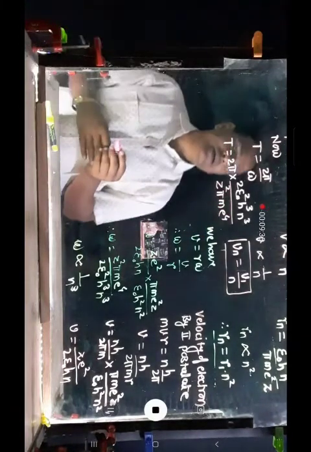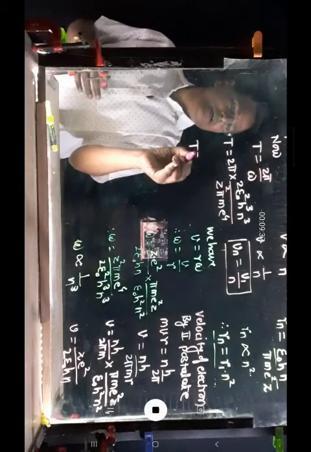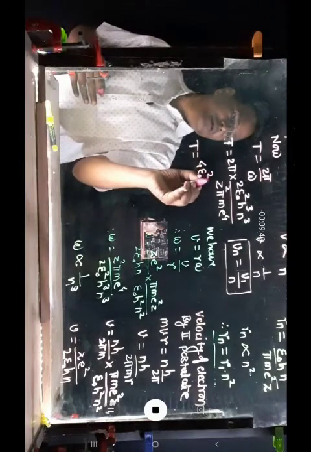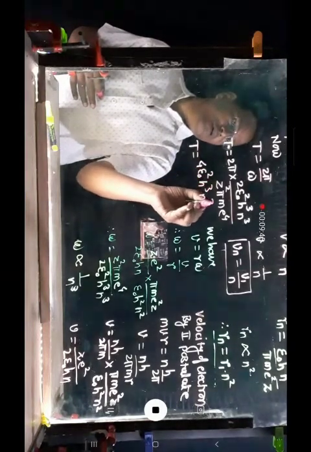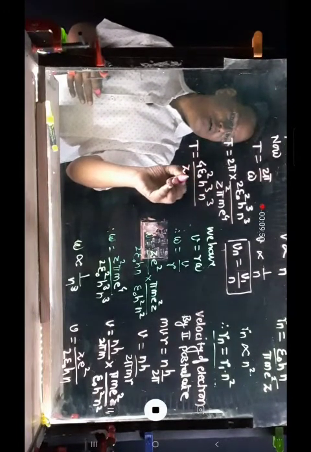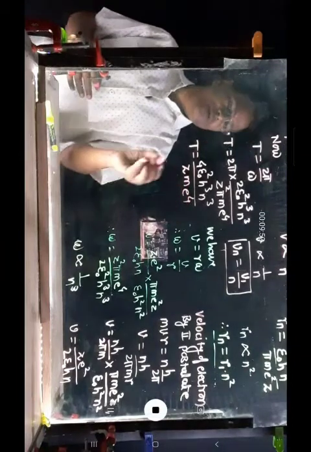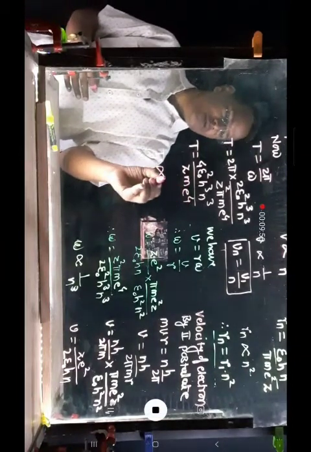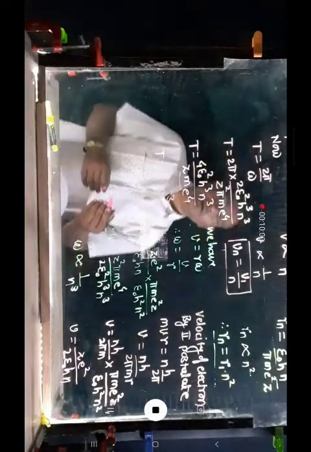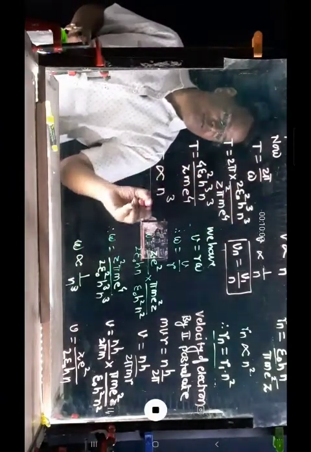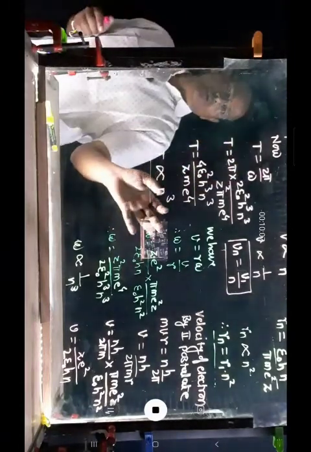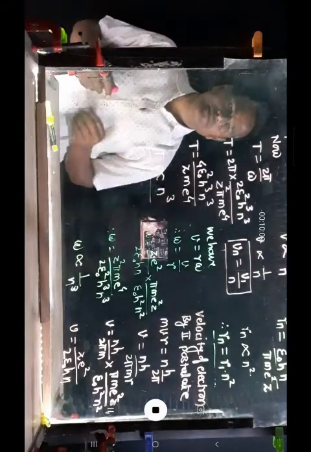One pi gets cancelled. The time period can be written as 4 epsilon naught square h cube n cube divided by Z square m e to the power 4, which means the time period is directly proportional to the cube of the principal quantum number. So the time period of revolution of the electron in Bohr's orbit is directly proportional to the cube of the principal quantum number.